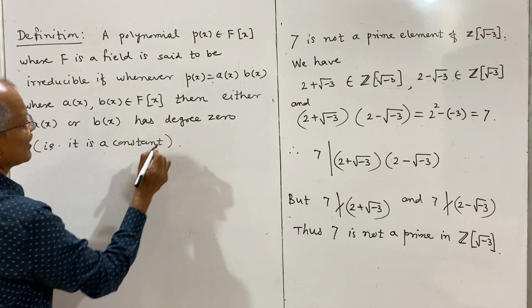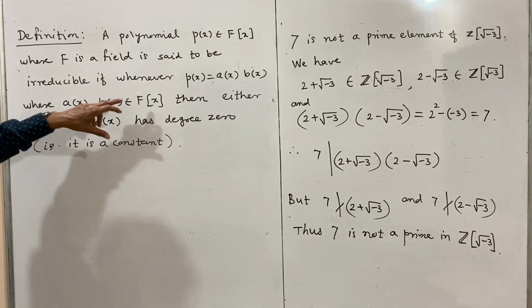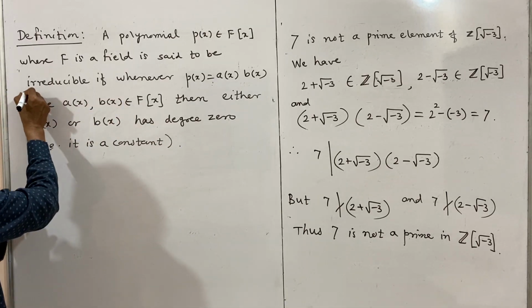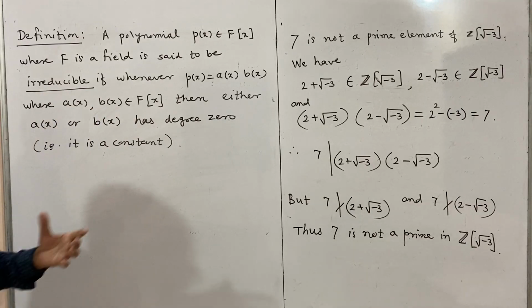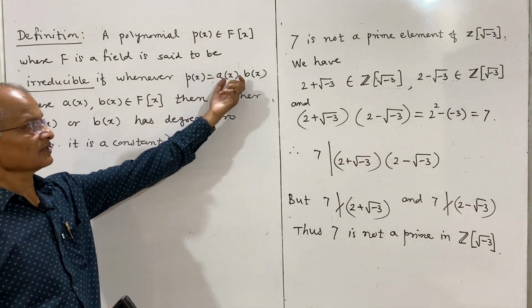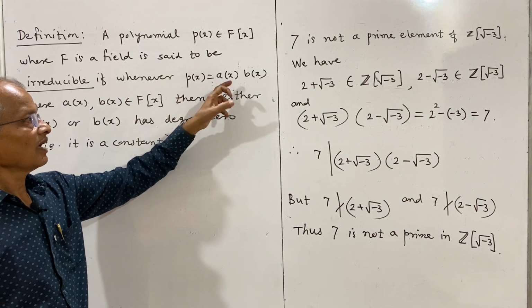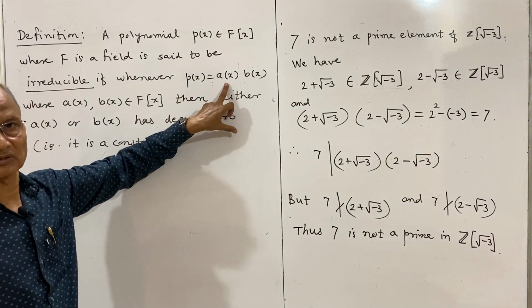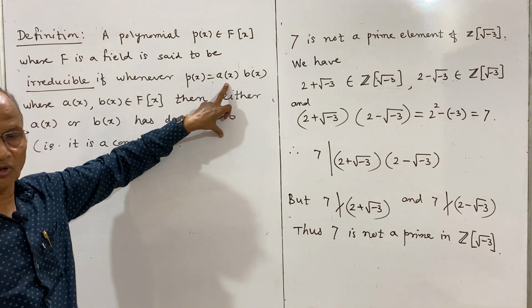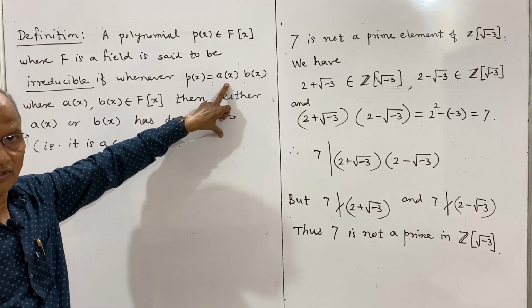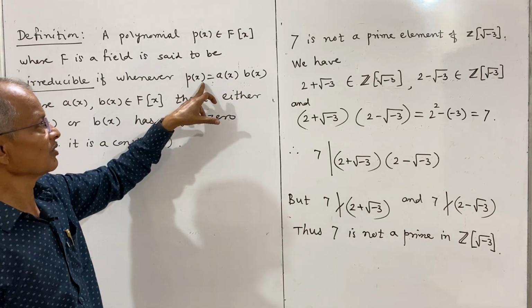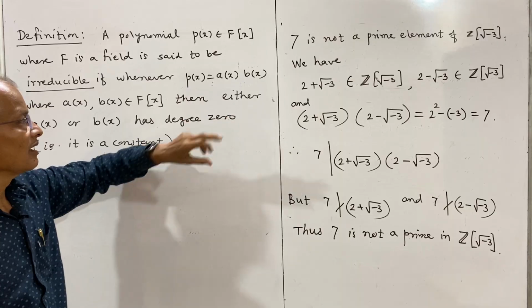Then that polynomial is said to be irreducible. If the polynomial is written as A x into B x, then one of these must be a constant. A polynomial of degree 0 is a constant, and then it is said to be irreducible.